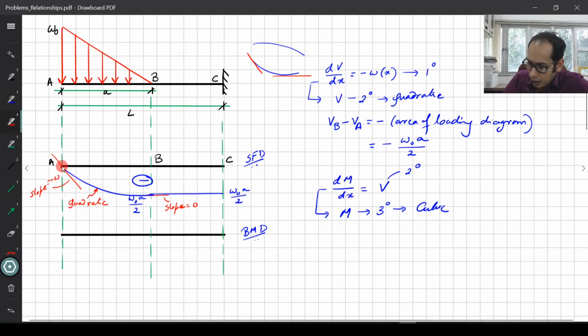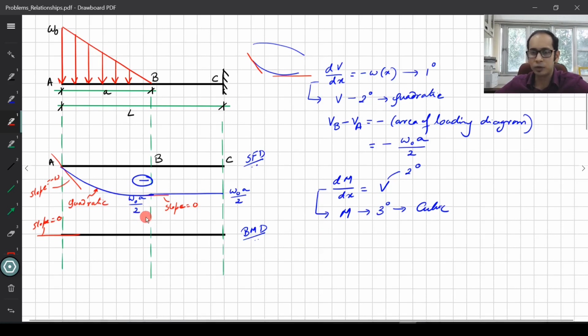So here I have a 0 slope. And at this particular point B, dM/dx at B will be the value of V at B. The value of V at B is negative W naught A over 2. So here you have a negative slope.